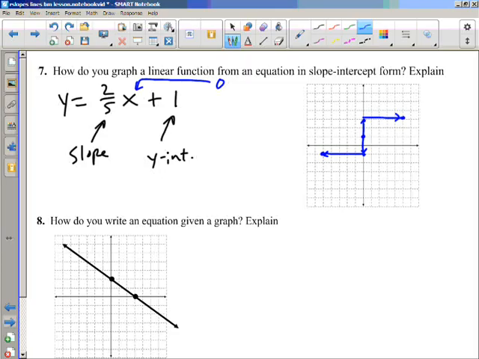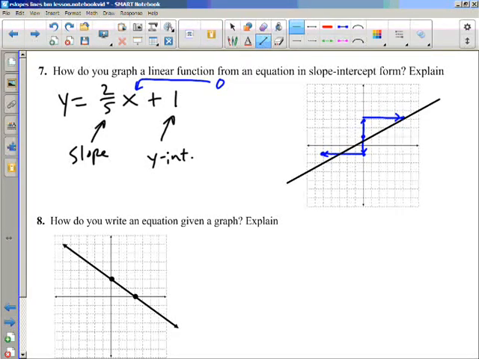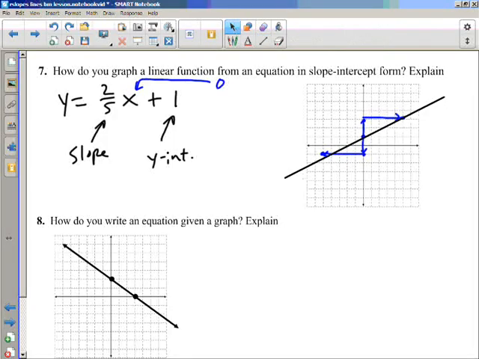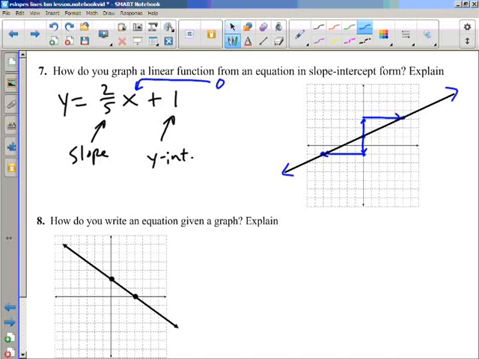Negative over negative is positive. And if we connected these dots, this is different than a scatter plot. We actually want to touch these dots. We would get the graph of a line passing through those points with a y-intercept of 1 and a slope of 2/5.